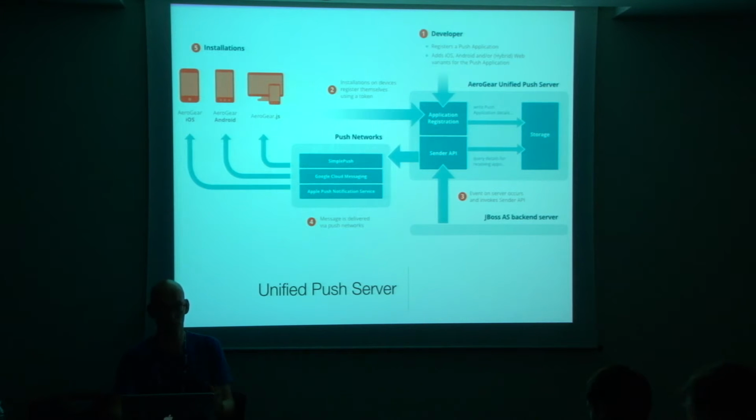It also remembers which devices were registered for which type. And it now supports, this is outdated, even more than just these three networks. We also support Amazon and SimplePush still, Google Cloud, and a special one for Safari.